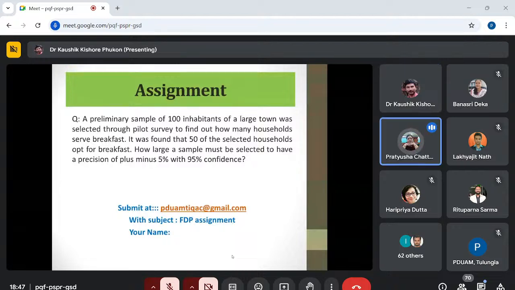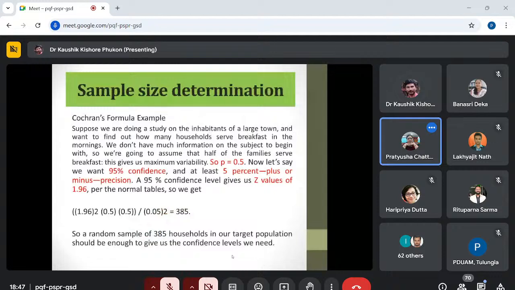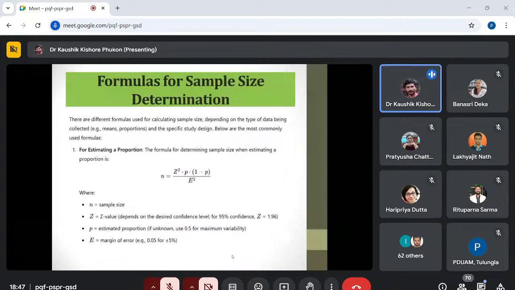Sir, I do have a question. Can you please show the formula, Cochran's formula, because it was not visible? Sir, sure. This one. It will always be 384 point something, or 385 actually.